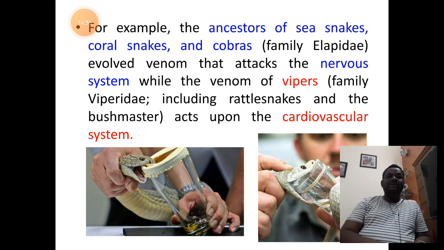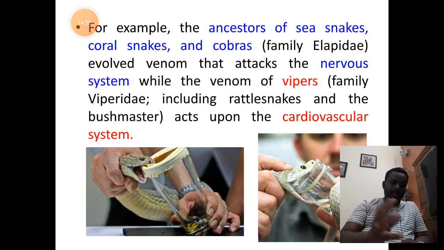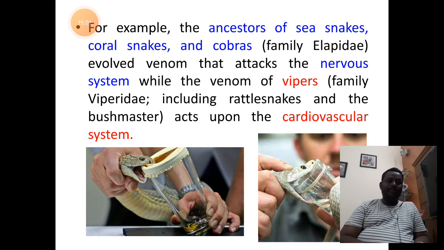Elapidae includes sea snakes, coral snakes and cobras, and vipers include rattlesnakes and Russell's vipers, etc. Family Elapidae, which includes snakes of all these varieties as we have noted now, shows venom which affects the nervous system, whereas the venom of Viperidae family snakes affects the cardiovascular system.